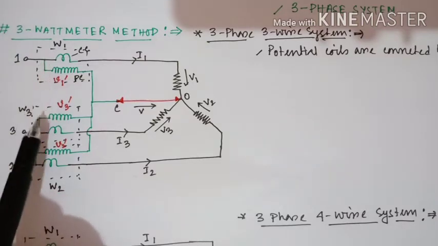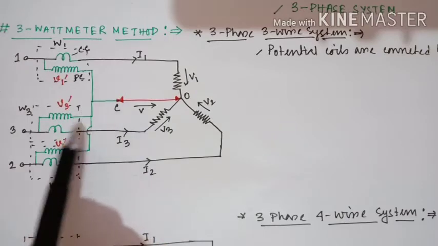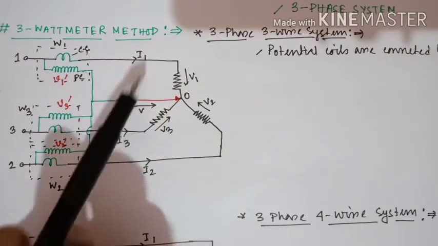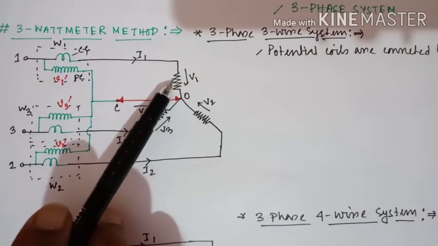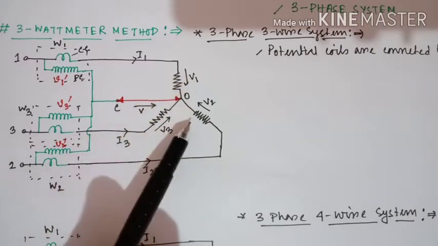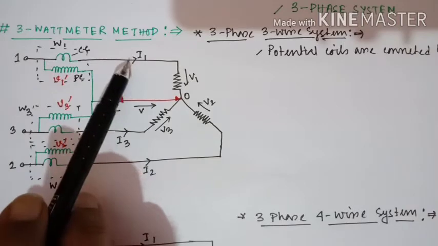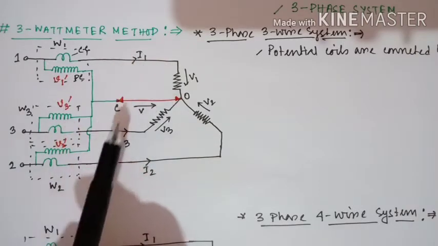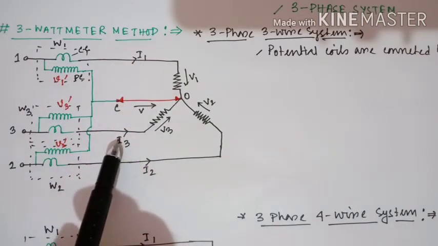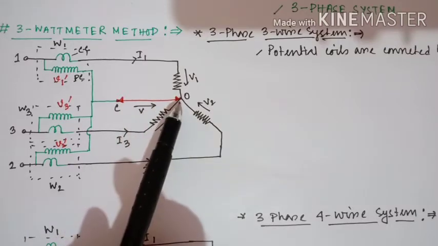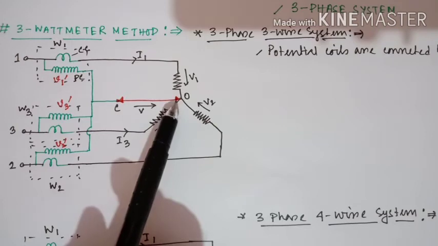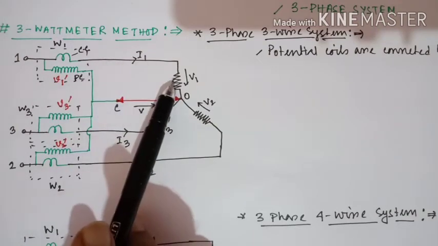Whenever you have connected the system like this one, the potential difference developed across this load is V1. Similarly here it is V2, and here it is V3. And the currents flowing through these terminals are I1, I2 and I3. We should remember that in a star connected three-phase system, the line current and phase current are same.